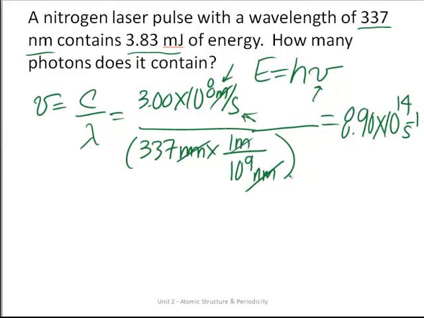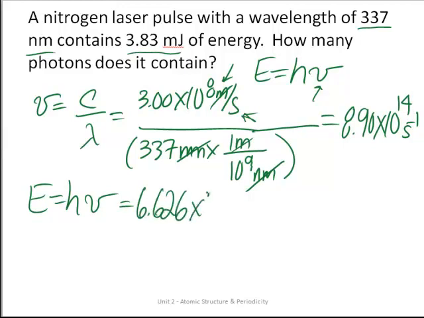Okay. Now what we can do is plug that frequency into our E equals h nu calculation, and we just saw that Planck's constant h is 6.626 times 10 to the negative 34th joule seconds.